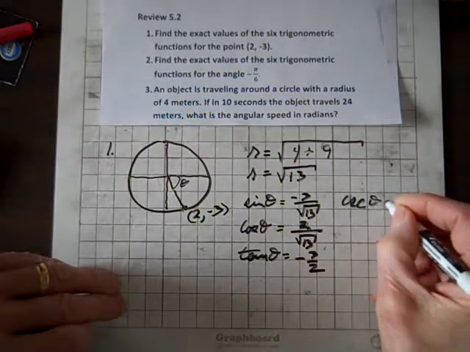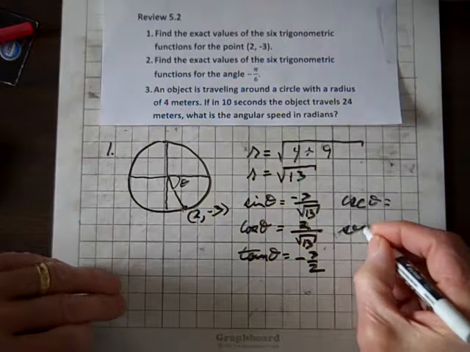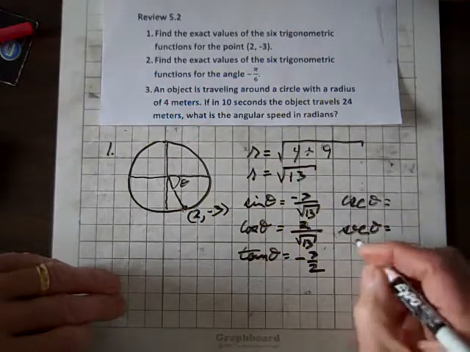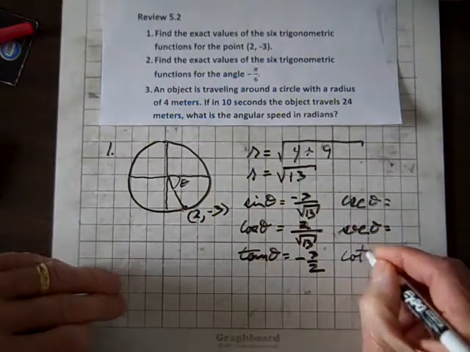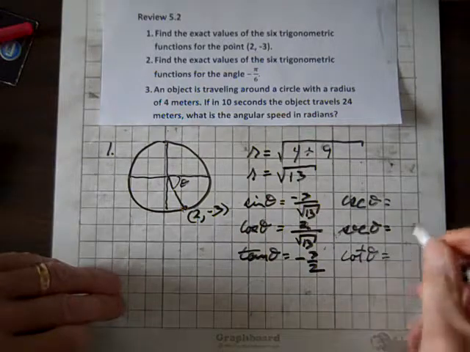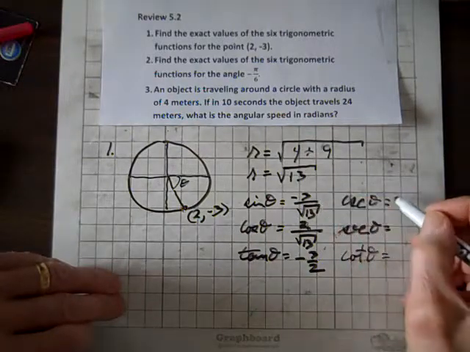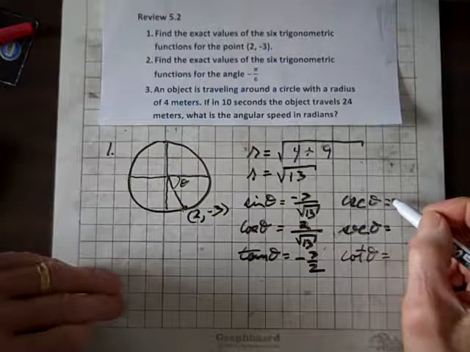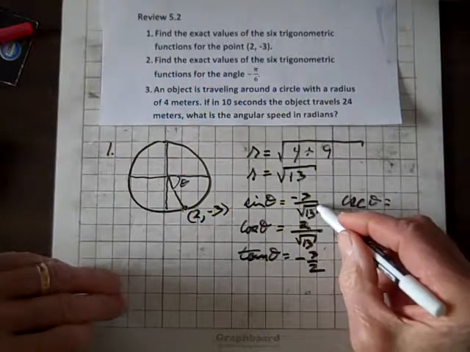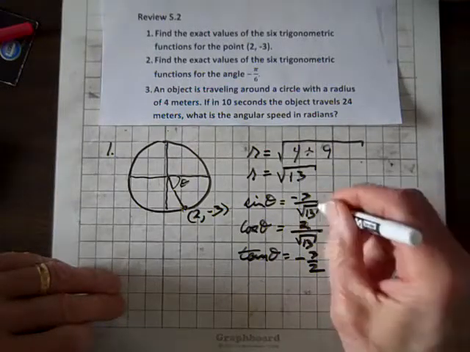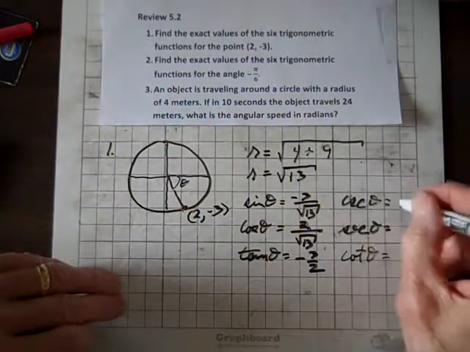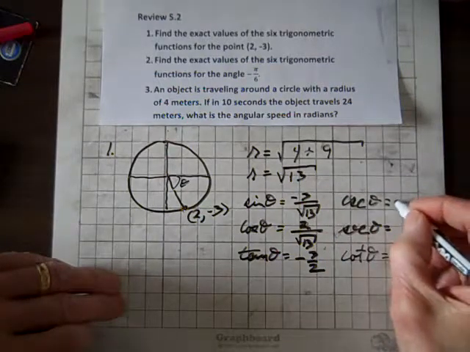Now for the cosecant of theta, the secant of theta, and the cotangent of theta, we just replace these values on this side with the reciprocals.